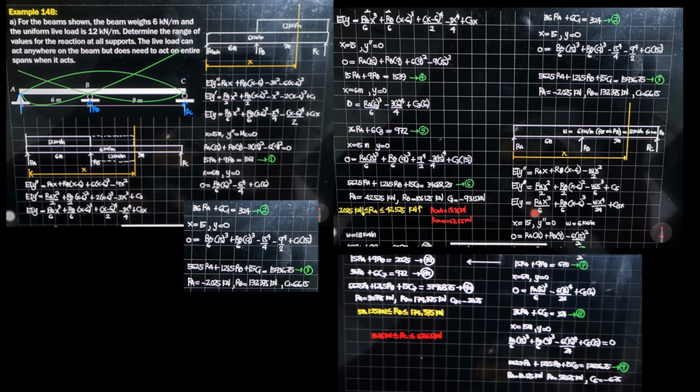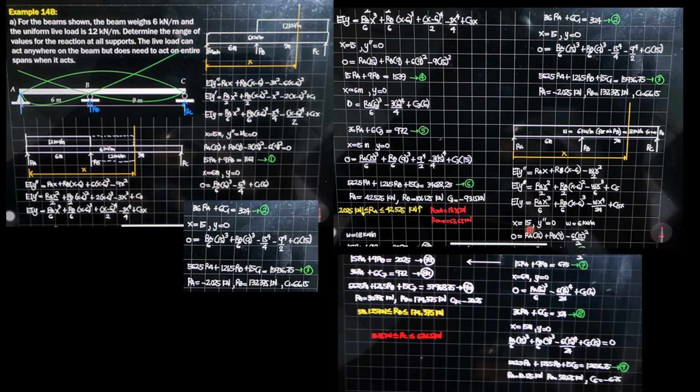Integrating again, EI y equals RA x cubed over 6 plus RB over 6 quantity x minus 6 cubed minus W over 24 x to the 4th plus C sub 5 x. There's no C sub 6 because the deflection at A is 0 when x is 0.